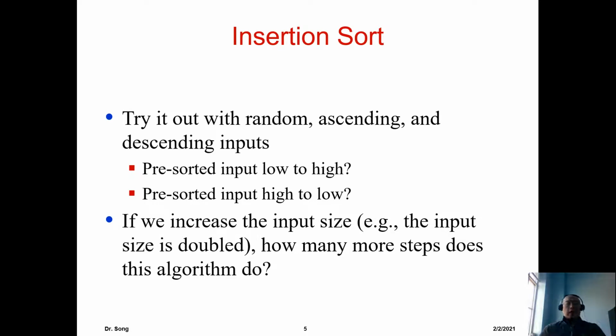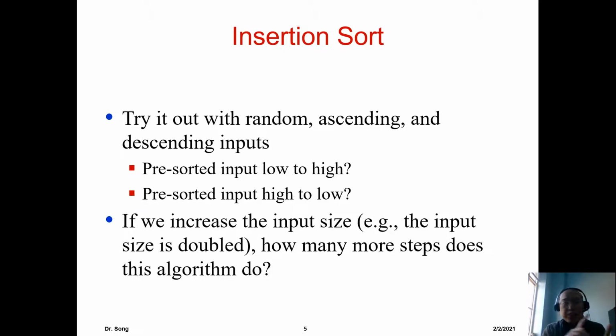Another question is, if we increase the input size, how many more steps does this algorithm do? What's your answer? Your answer is, it depends on what case we are in. Say we are at the best case. For the best case, we just do checks.